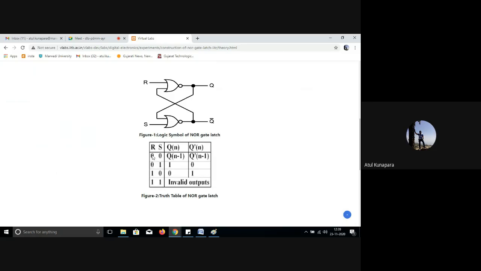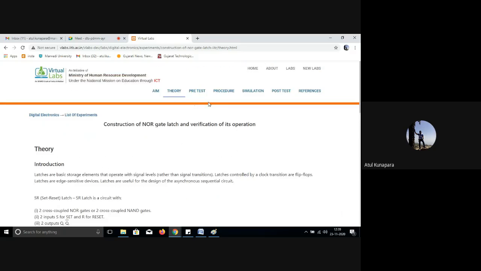That means wherever there is 0 in this table, you convert it to logic 1, and 1 is converted to 0. That is called negative logic, or you may call it reverse logic. That virtual lab is showing you that, so you verify it accordingly.